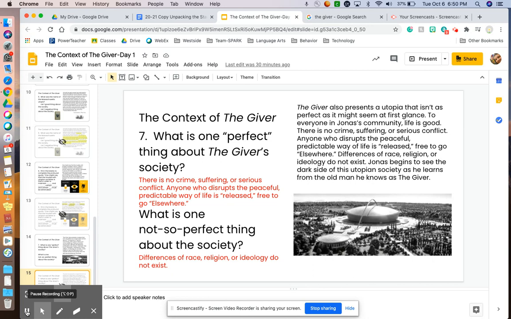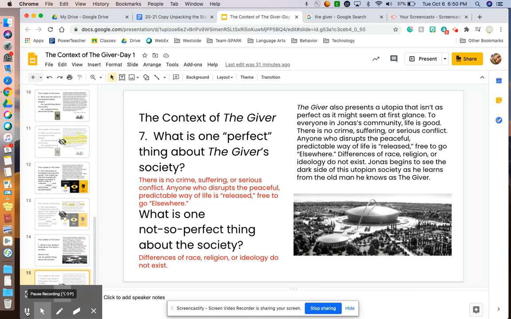Would it be better if we all had one religion? No one would have any differences. Like some of our religious wars wouldn't happen because everyone would believe the same thing. And then ideology, like look at our politics right now. People are fighting more than ever because they have different ideas.